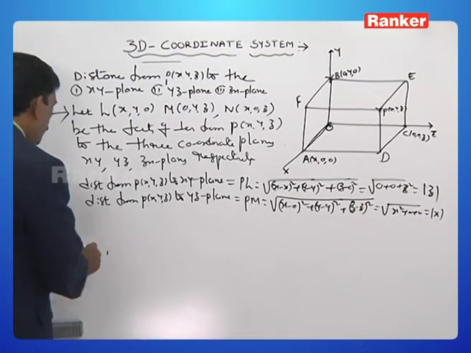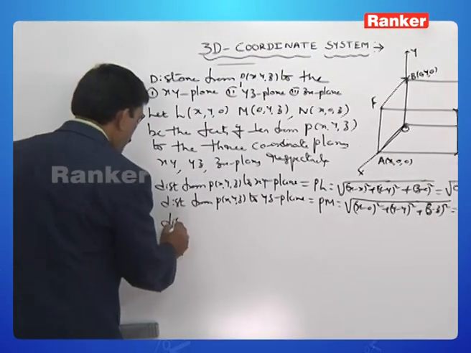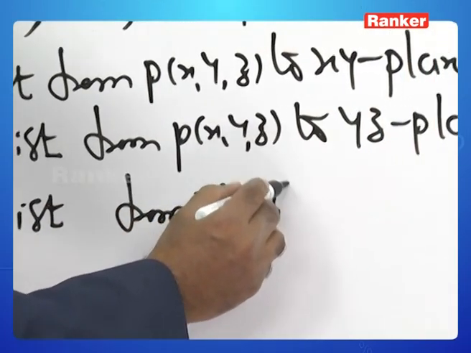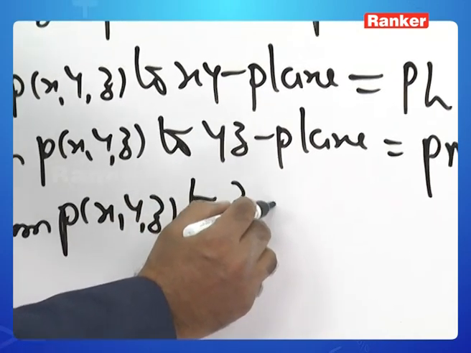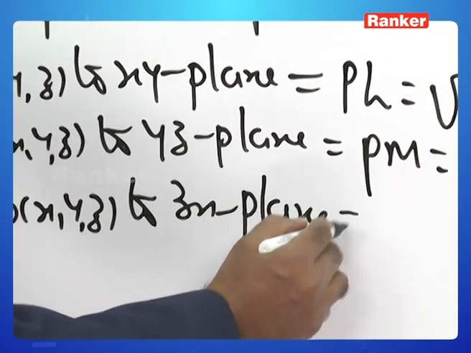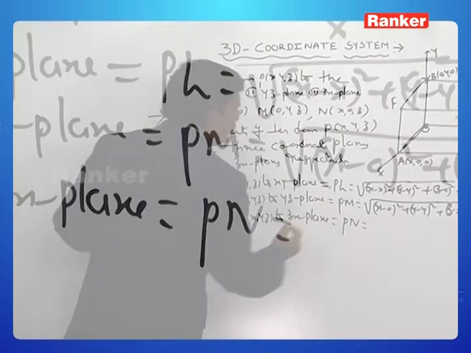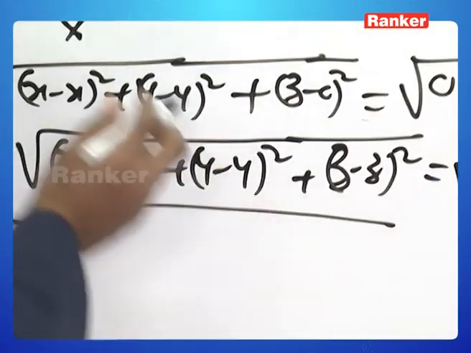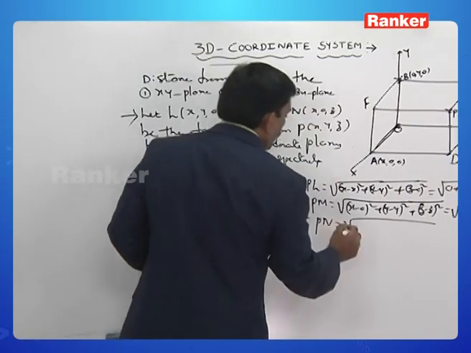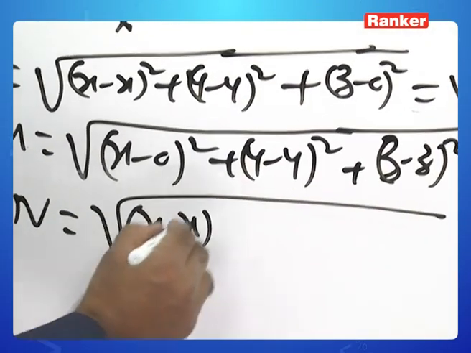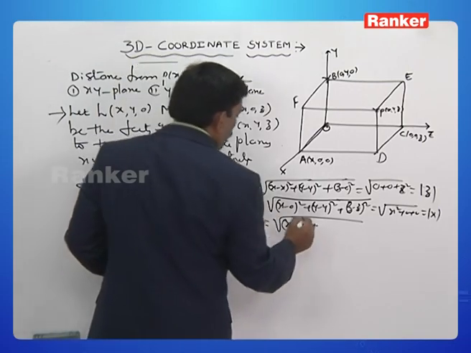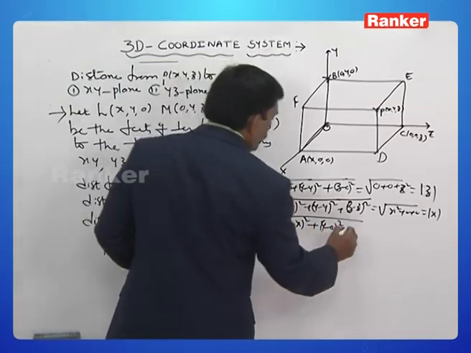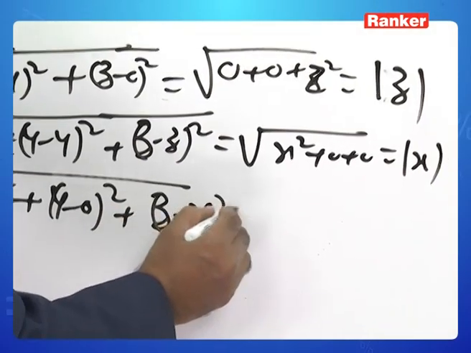Now I can write the distance from P(x, y, z) to the zx plane is nothing but PN. Apply the distance between P and N: square root of (x minus x) whole square plus (y minus 0) whole square plus (z minus z) whole square.